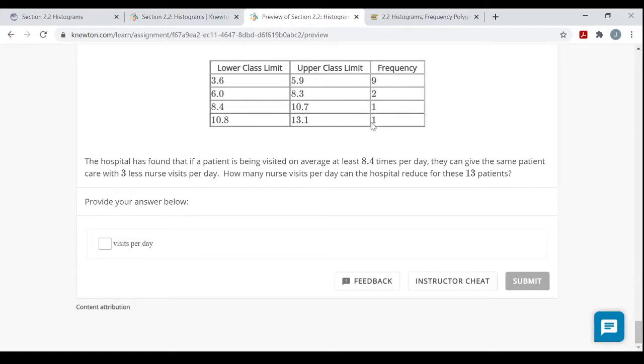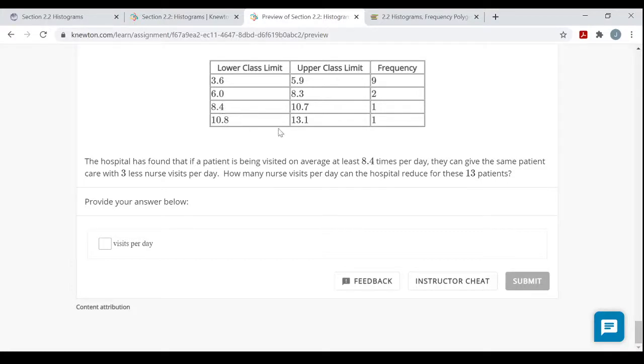You see the frequencies add up to 13. So they said that if a patient is being visited on average at least 8.4 times per day, they can give the same patient care with 3 less nurse visits. So how many patients are being visited at least 8.4 times a day? That's 8.4 or higher. So I start here at the 8.4 to 10.7 class. There's one patient being visited from 8.4 to 10.7 times per day on average, and there's another patient from 10.8 to 13.1.